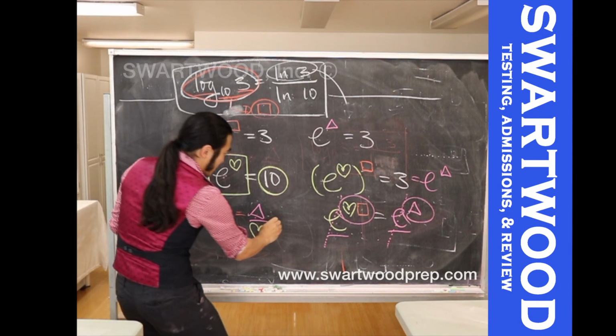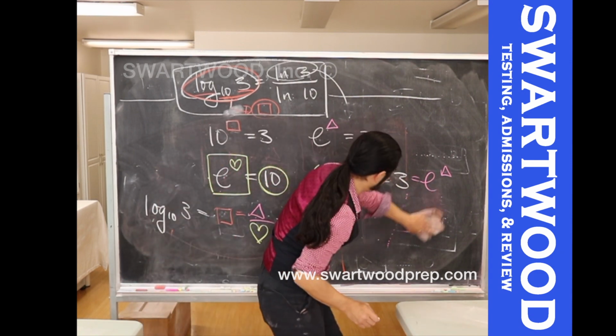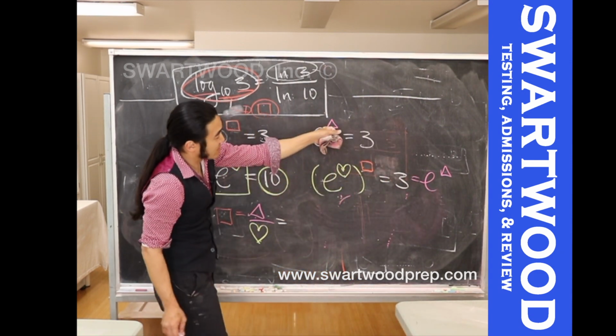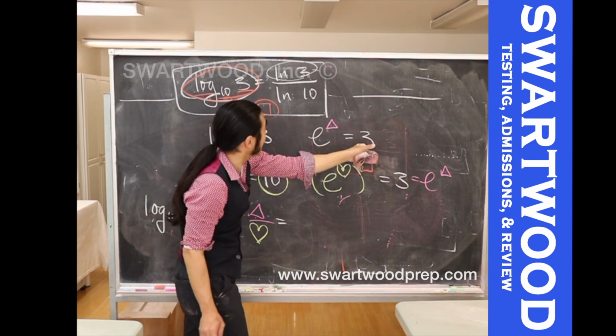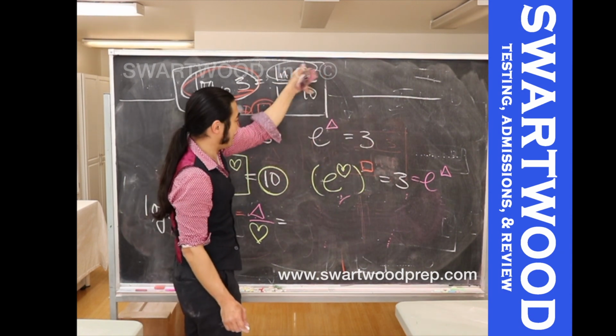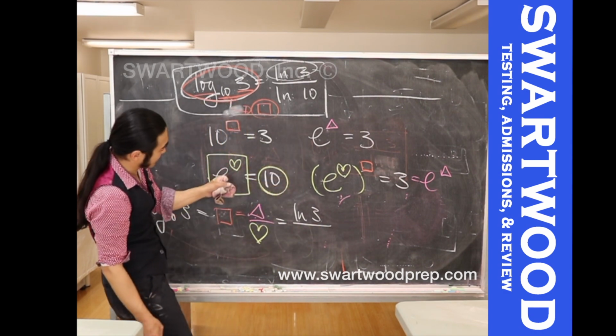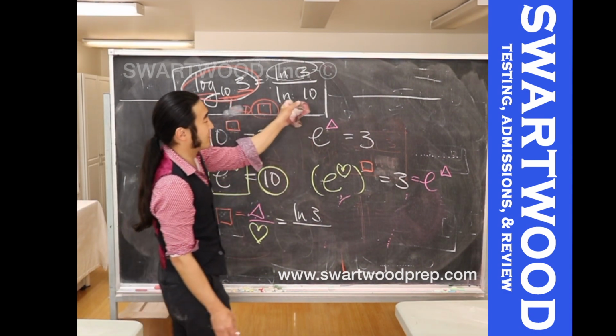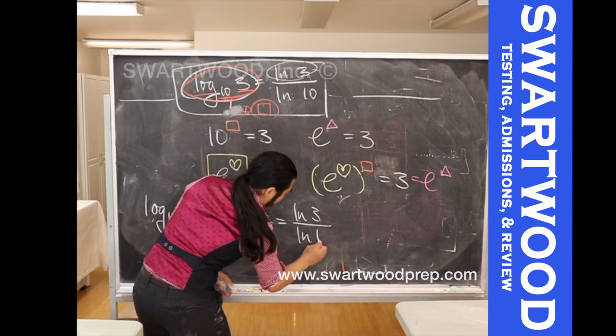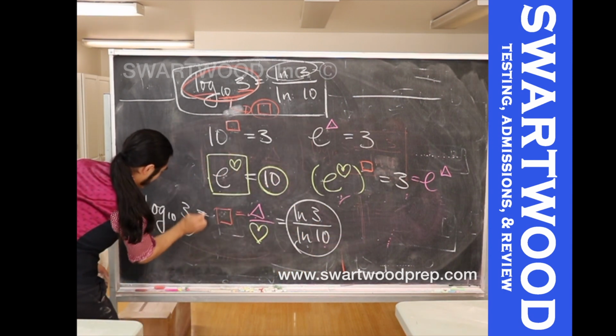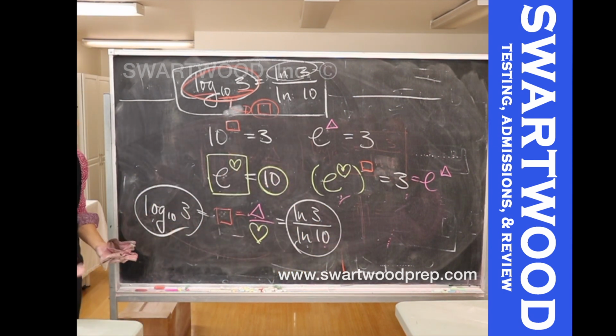Okay, but that's equal to triangle. What was the triangle defined as? The triangle was defined as the power you raise e to get 3. That is the natural log of 3. So that's going to be natural log of 3 divided by heart. But what's heart? Heart is literally the power you raise e to get 10. That's called the natural log of 10. And that's exactly what we wanted to show.